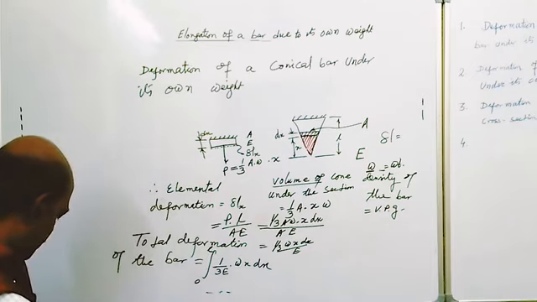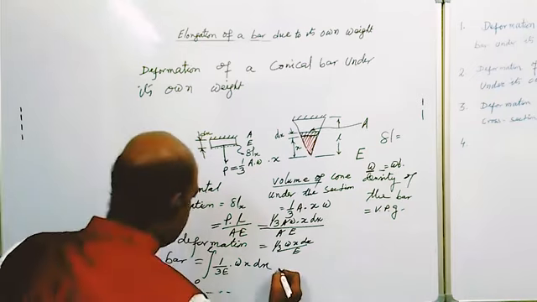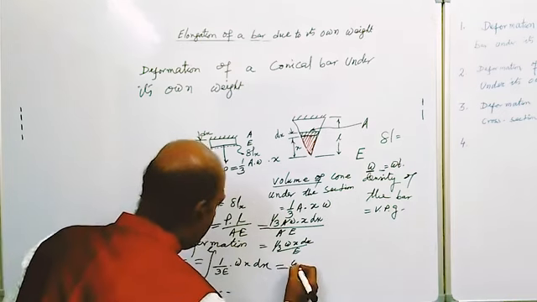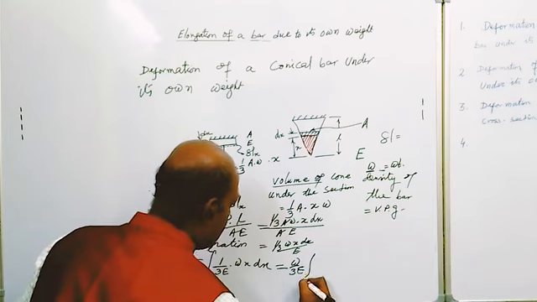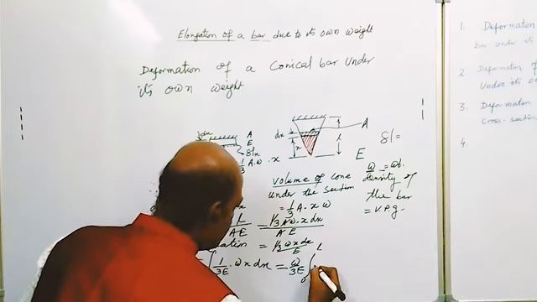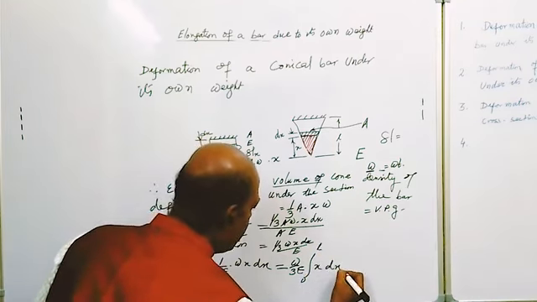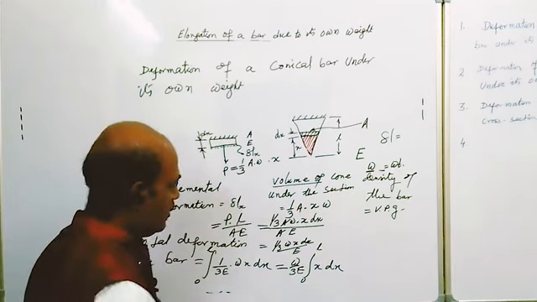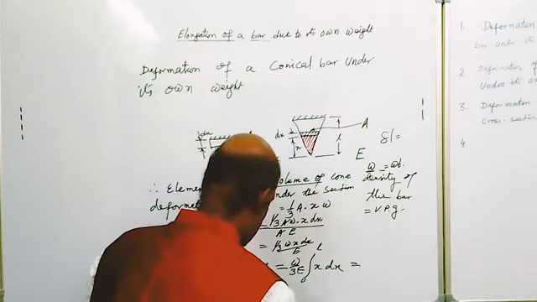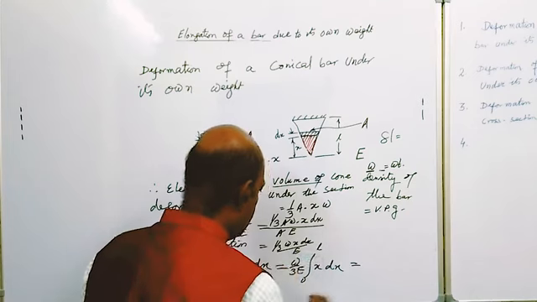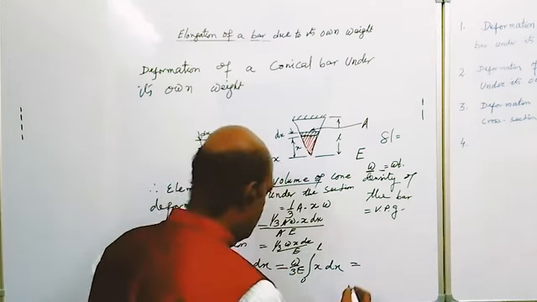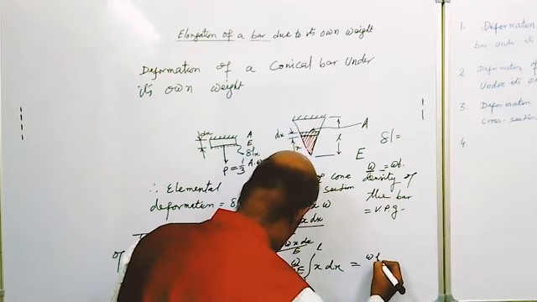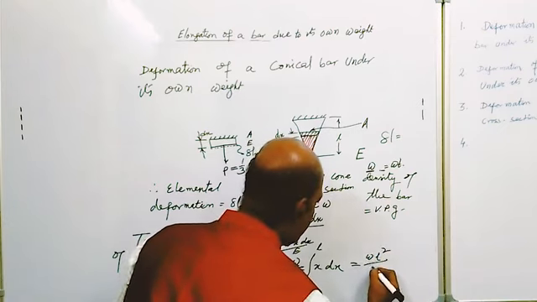So that is given by W by 3E, integration 0 to L of x into dx, and that is equal to, after integrating and putting the values of the limits, W L square by 6E.